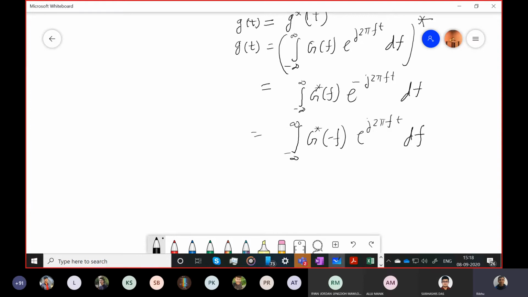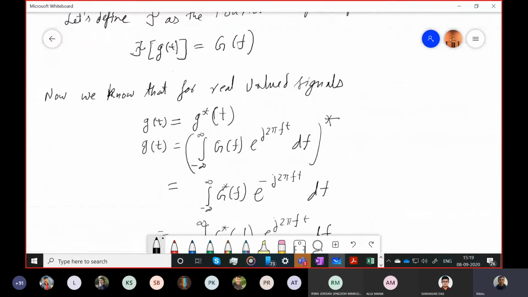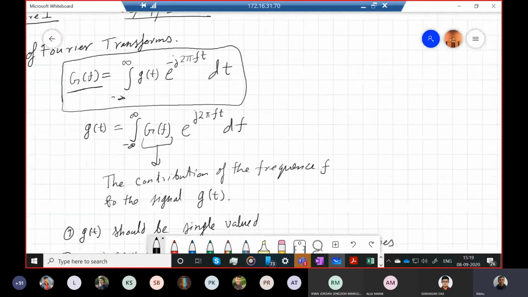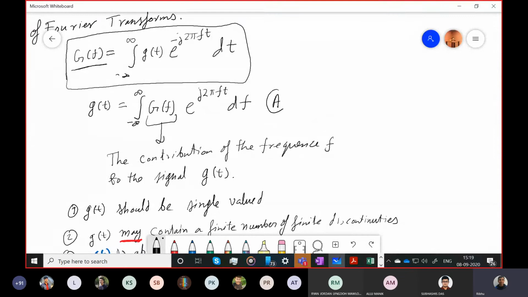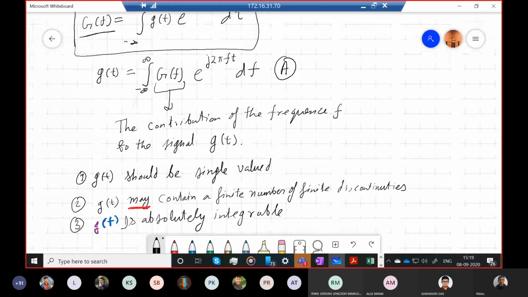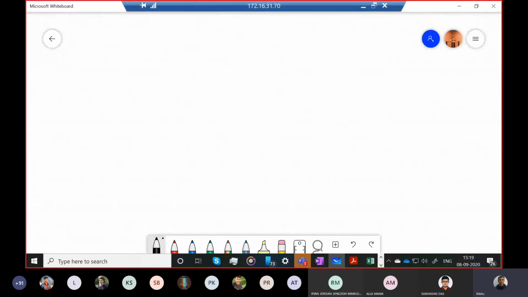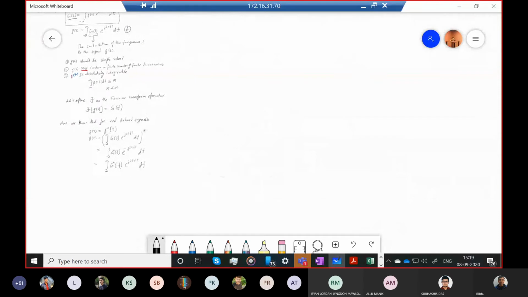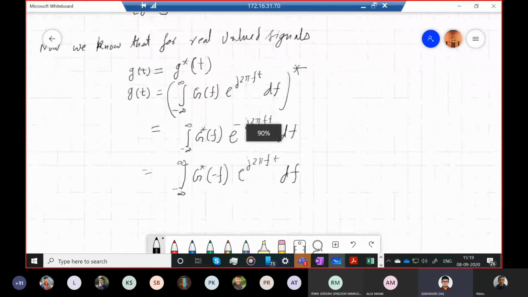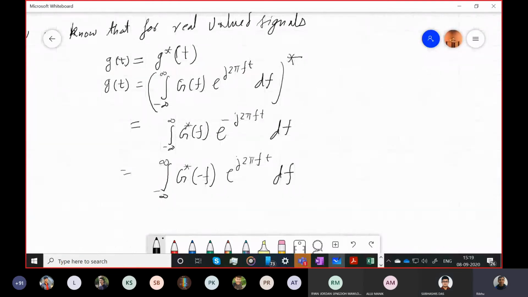So this is clear how I worked this out. If I call this equation A, and this equation B, we know that g(t) equals g conjugate of t.